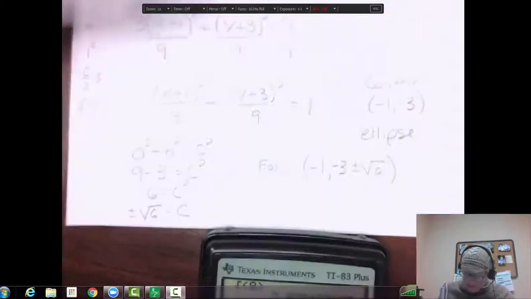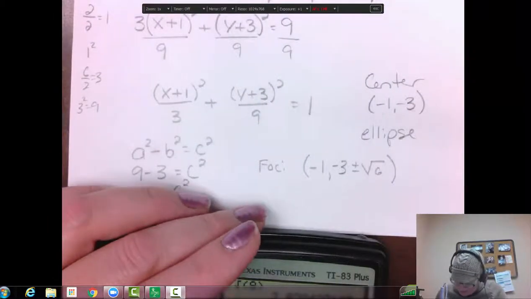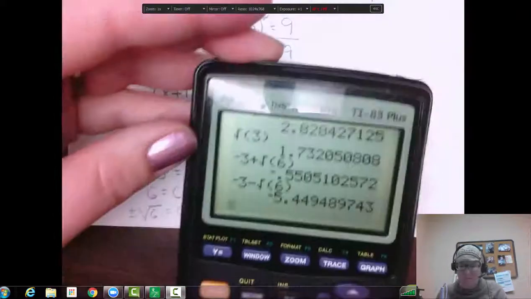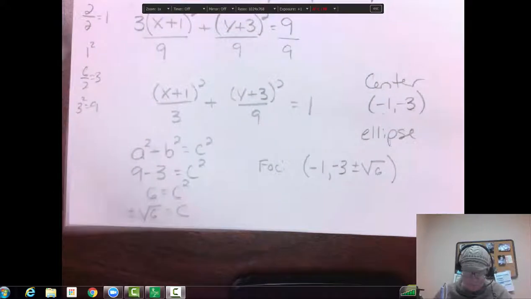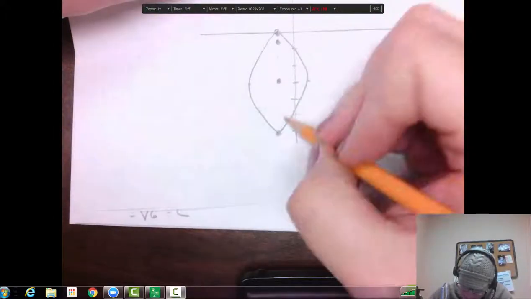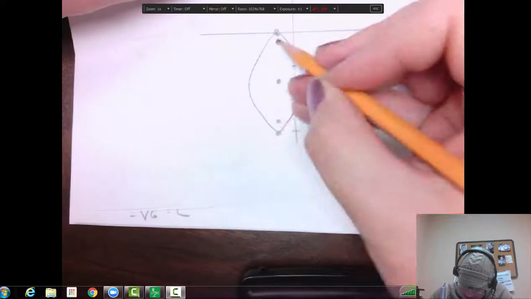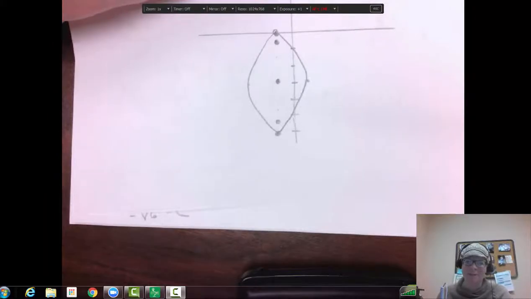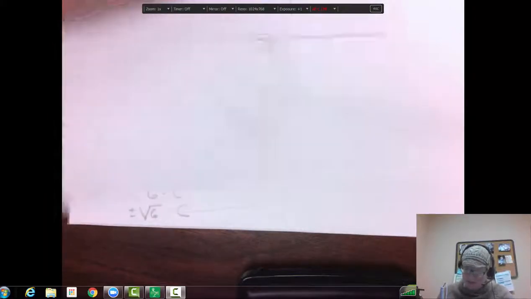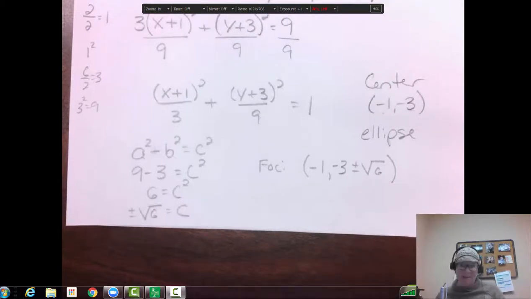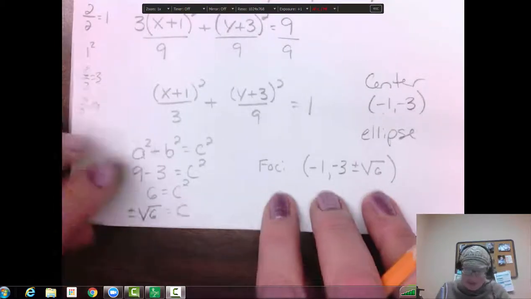And then let's double check the other one, which would be -3 minus the square root of 6, which gives me -5.44. So we're over -1, 1, 2, 3, 4, 5.44, and they definitely look like they're the same distance from the center, and they definitely look like the foci. So we know that we did those correctly by adding to the y that c value. Okay, so that's a little bit tricky.